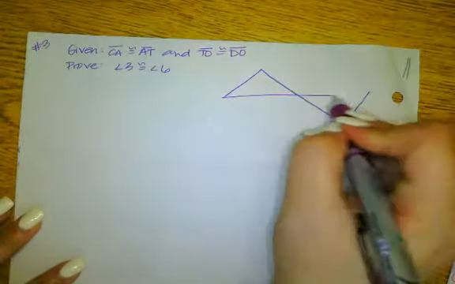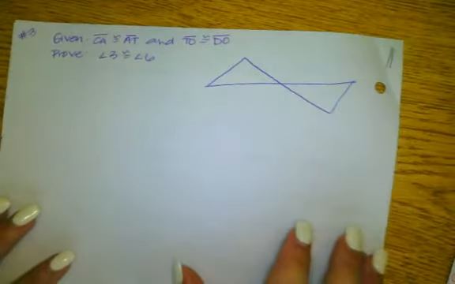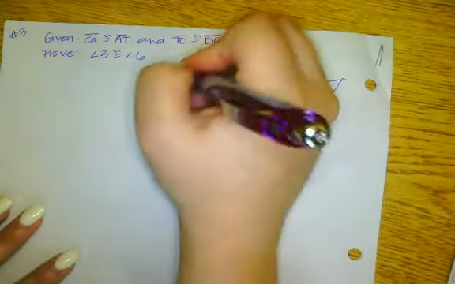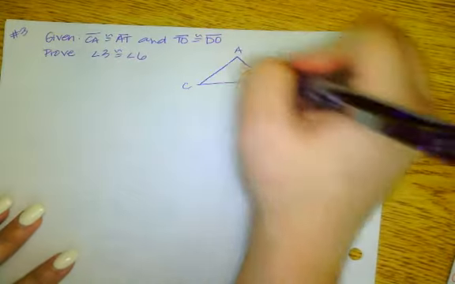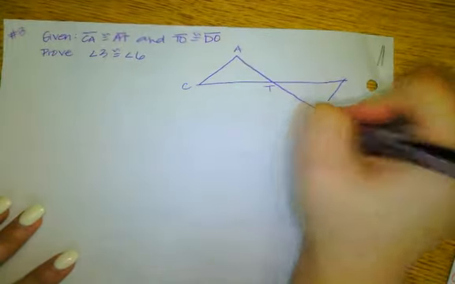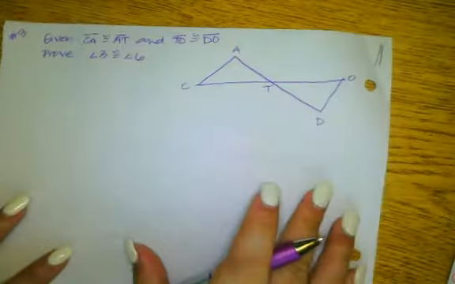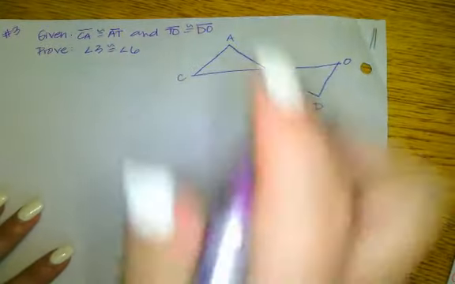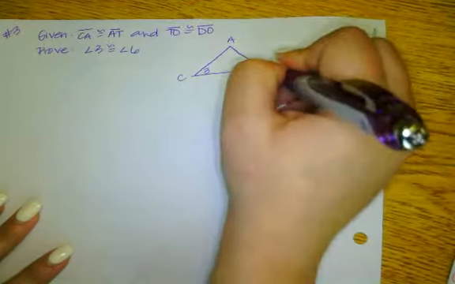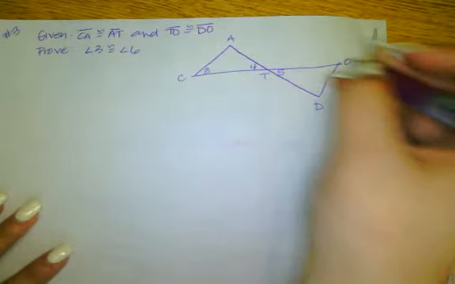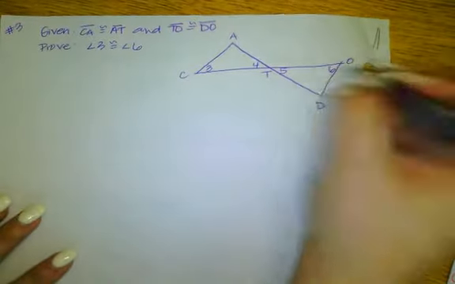Is it TO? Yeah. There's my beautiful picture. Does it say DO? Yeah. That's it.